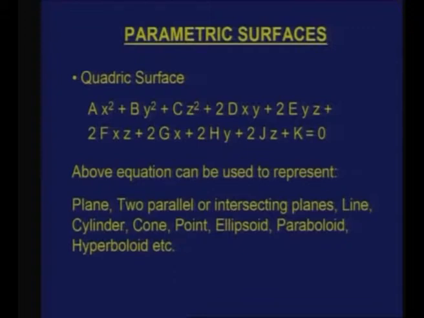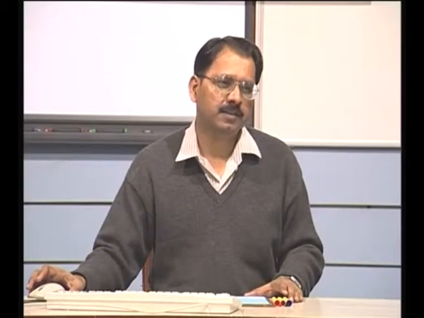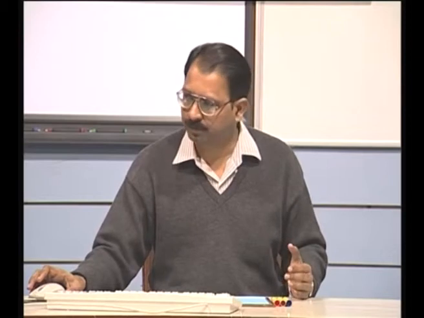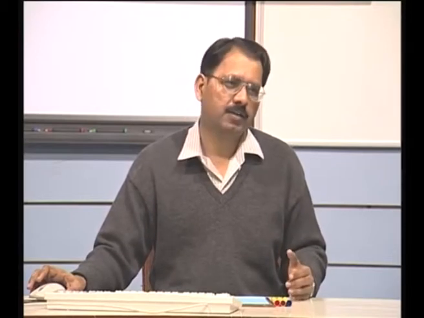It is not a single one. Depending on whether these coefficients a, b, c, d up to k meet certain conditions, it can be used to represent many of the surfaces, not only surfaces, even one can look at other entities.